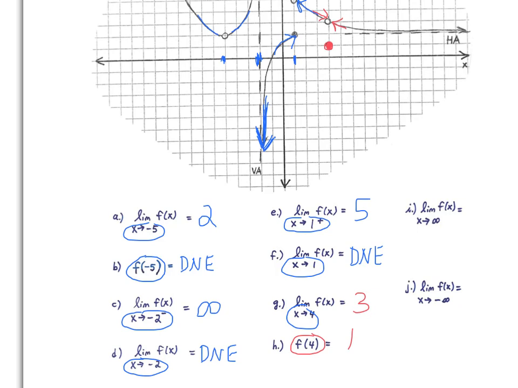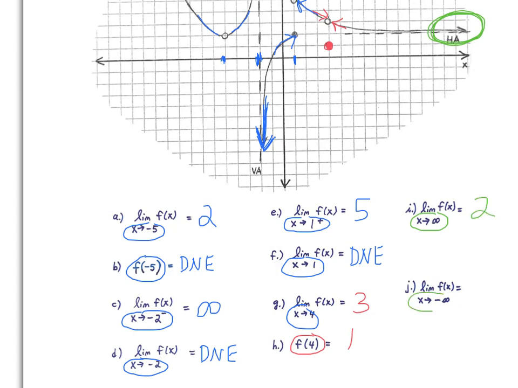And finally, we have a couple questions that deal with x approaching infinity and then negative infinity. So first, if x is approaching infinity, that is the extreme right side of your graph. Ask yourself the question, what's happening to y as x gets super big? Well, y is approaching 2.